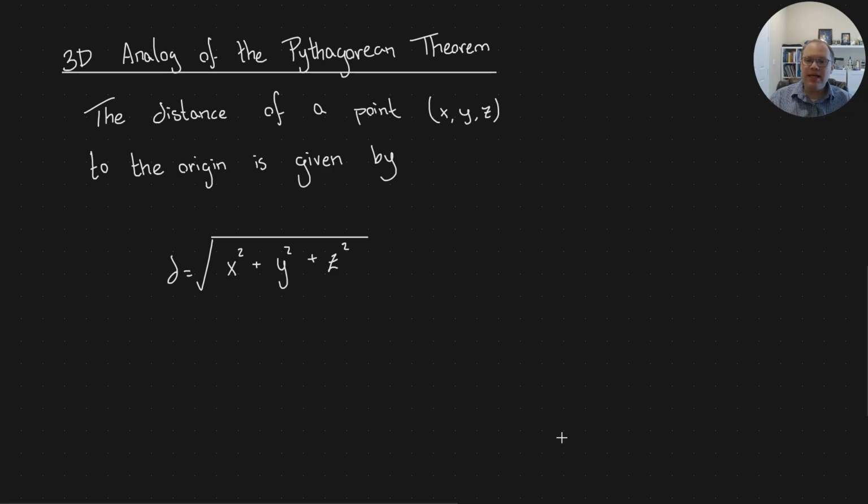Okay? And we could easily use that to find a general distance formula in 3-dimensional space. Not just the distance of a point to the origin, but the distance between any 2 points. If I have, you know what, I'm not going to draw it. I think the picture would be confusing.